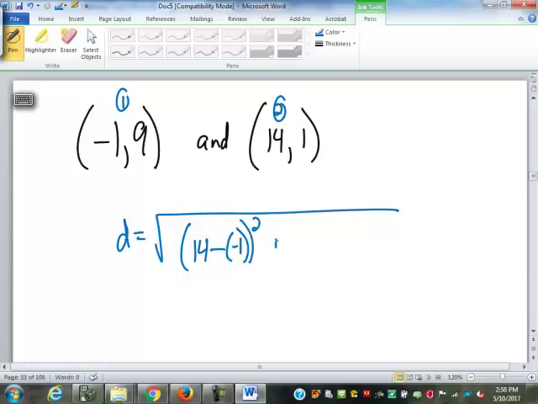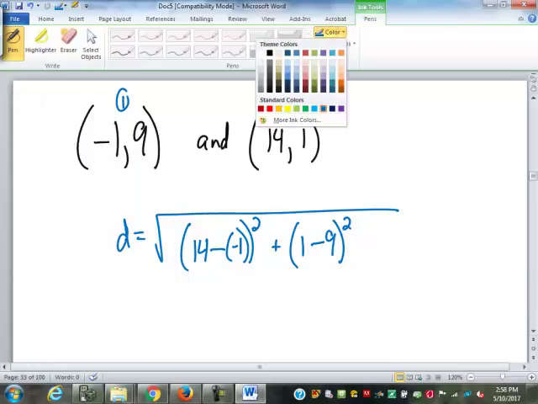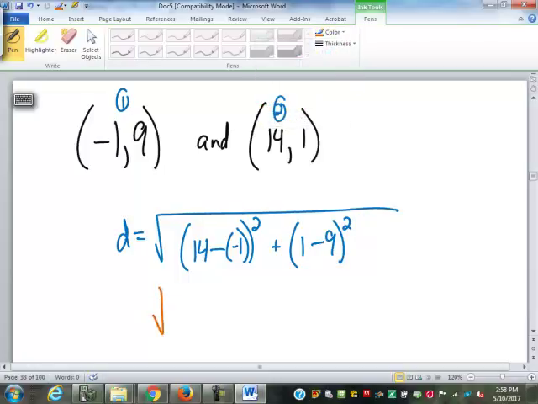So that's going to be squared plus. In my second parentheses, what do we have? 1 minus 9 squared. Yep. Perfect. Now, let's do our subtraction. What is 14 minus a negative 1? 15. Good. What is 1 minus 9?